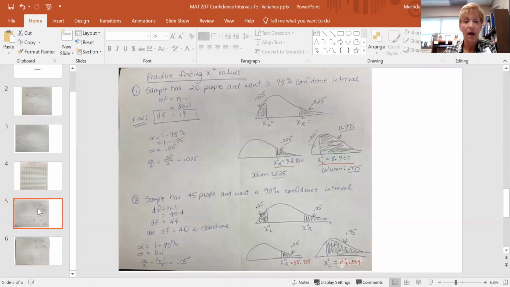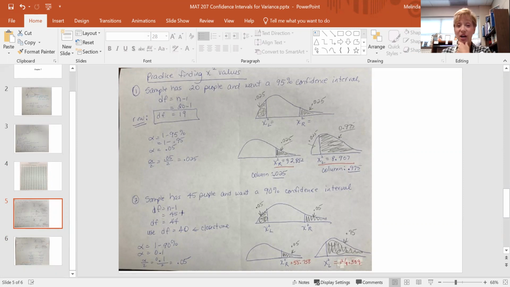What if your sample had 45 people and you had a 90% confidence interval? Why don't you pause the video and try it by yourself with your table, and then come back and see if you've got the same answer. So freeze the video for a second and go work on it, and then come back.